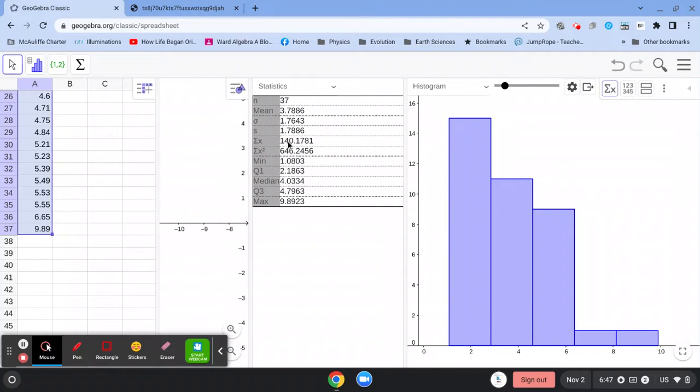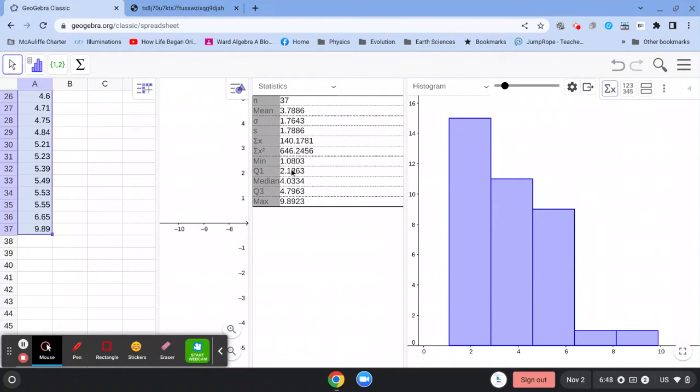This is just the sum of all the observations, and this is the sum of squared observations. This is the minimum. That's the lowest data point, and there's the maximum, and you need those. And then the median right here. And in order to get the quartile 1 and the quartile 3, you needed the median because you got to find the median between the minimum and the median.